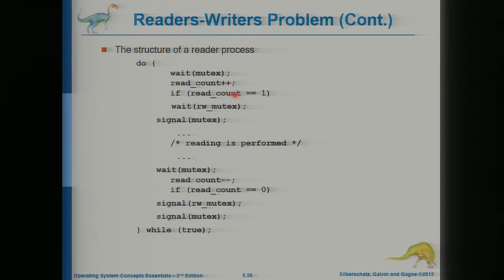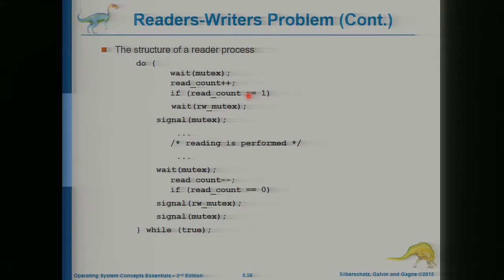After it increments the read count by 1, check how many readers are there. If there are no readers and this is the first process who is reading, then there is a possibility that a writer is manipulating that data set. So we should see whether we have to wait for the read-write mutex, so that there is mutual exclusion between readers and writers.